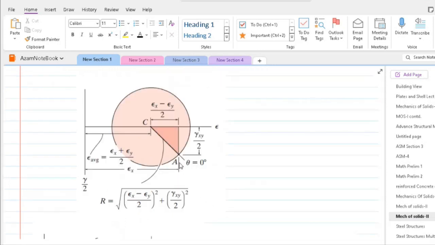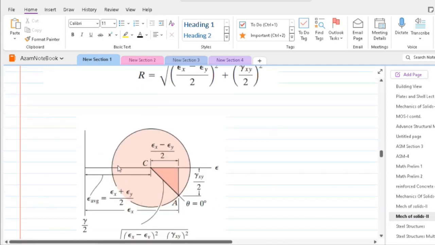The coordinate system of the Mohr circle is arranged in such a way that epsilon represents the abscissa and the shear strain gamma by 2 represents the ordinate.